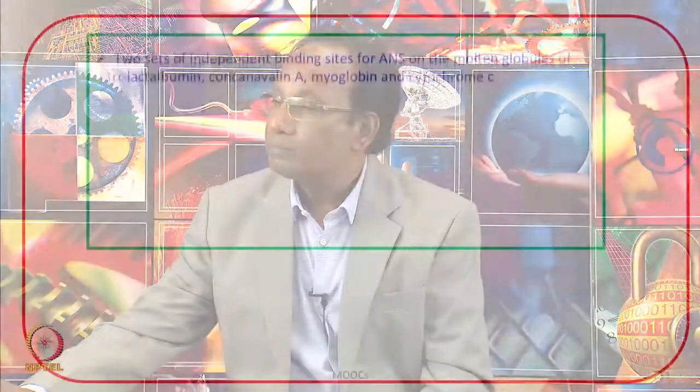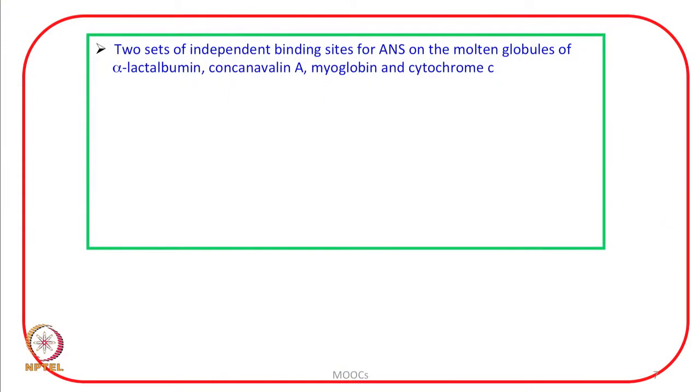Let us see what more conclusions can be drawn from these types of experiments. One conclusion which comes from this experiment is two sets of independent binding sites for ANS on molten globules of alpha lactalbumin, concanavalin A, myoglobin and cytochrome C. This comment is based upon the experiments of ANS with the molten globule states of a variety of proteins.